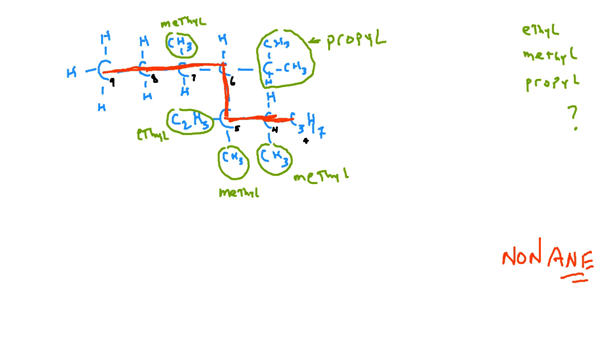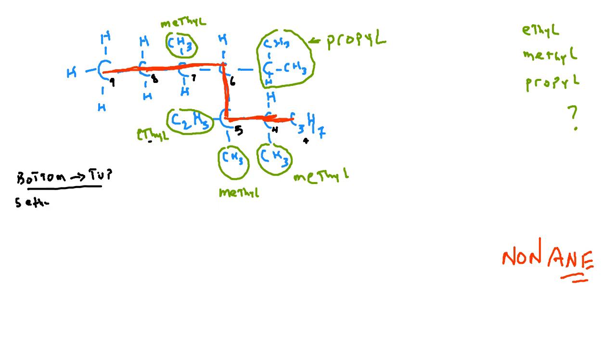So the ethyl would be on a 5. So let's do bottom to top here, because I'm not sure. I have to work these out too. So remember, here's ethyl. Ethyl is on carbon 5. So we have a 5 ethyl.